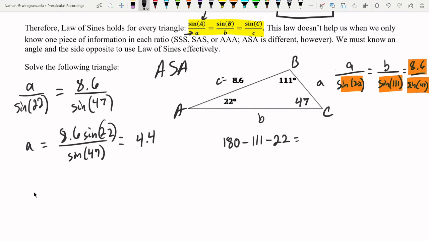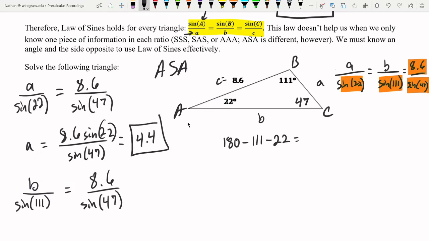And B, I don't know what the side length of B is. I do know what the angle is. I know what C is from the information given, so I'm going to use that again. I could use A, but because I found this one, if I use it in my calculations, I'm going to further the error measurement. I'm going to further make it off because I approximated 4.4.